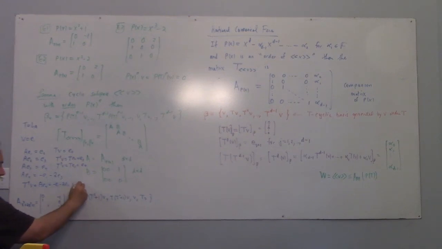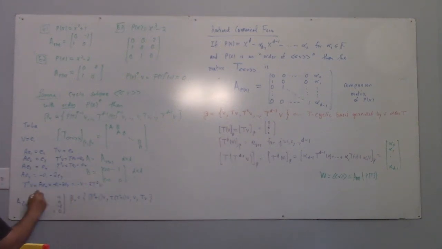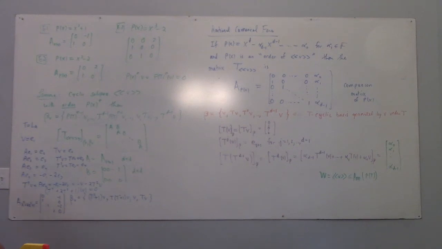That's minus V. E3 was T squared V, so minus 2 T squared V. So to put that all together, you've got T to the fourth plus 2T squared plus 1 acting on V equal to 0. What I'm trying to say, and it's taking my sweet time, is that for a companion matrix, the standard basis is a cyclic basis with respect to the left multiplication by A operator.